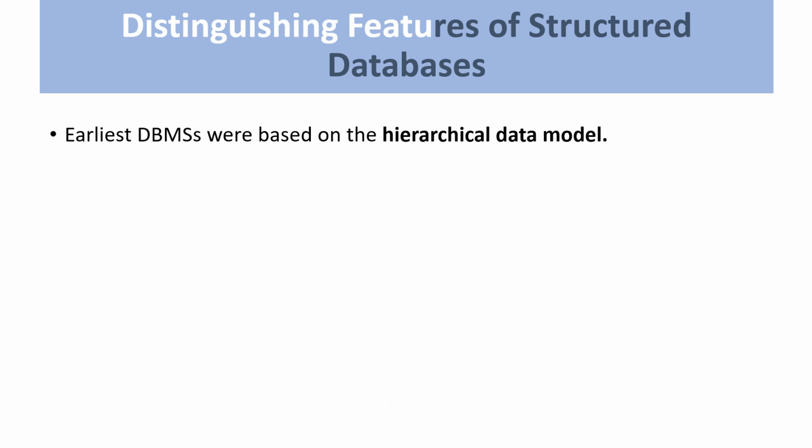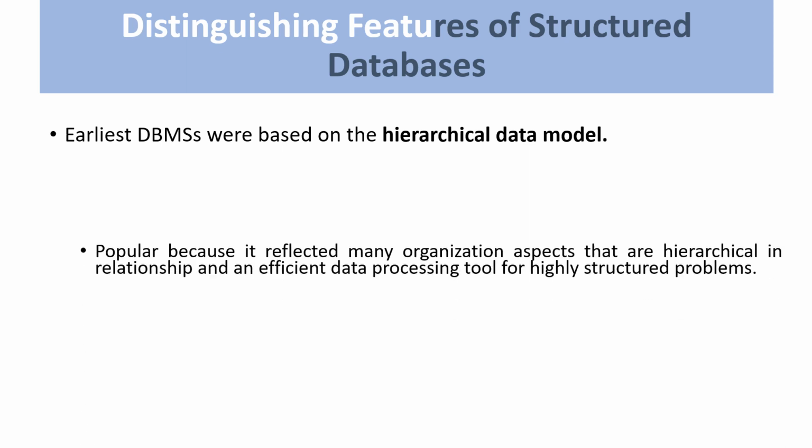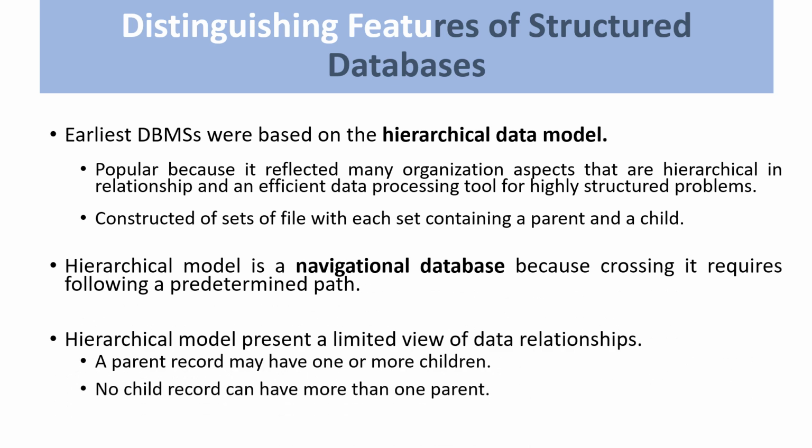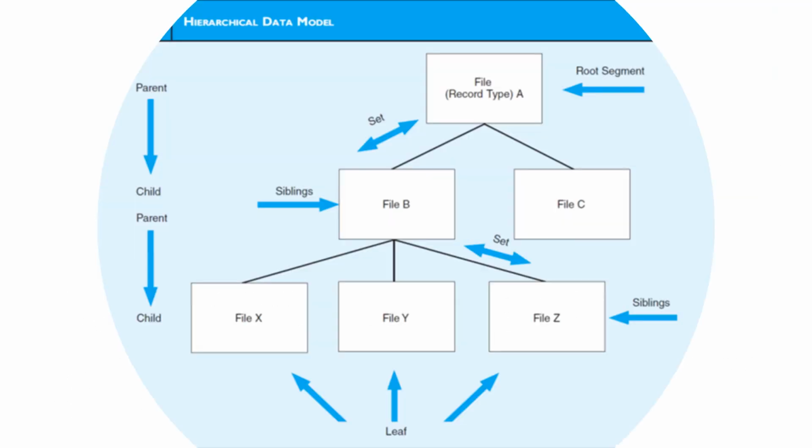Talking about the hierarchical database model, we will not go into detail on this, but it can be explained from the diagram next. The hierarchical data model is based on having a father file or root segment file, and then we have files, sub files down.